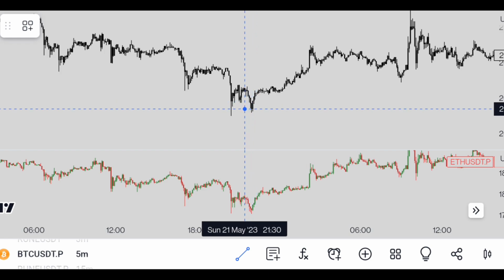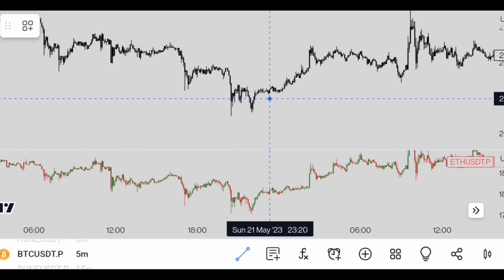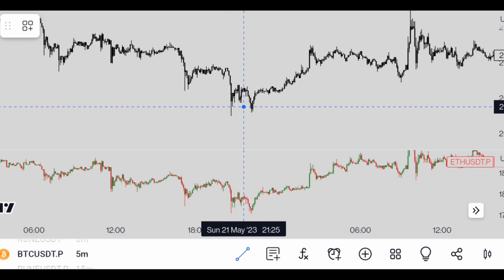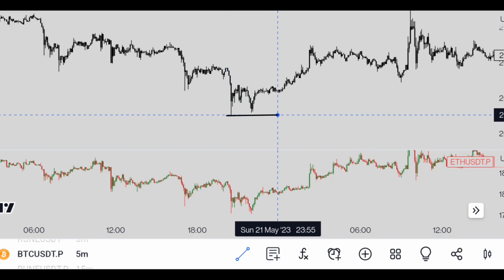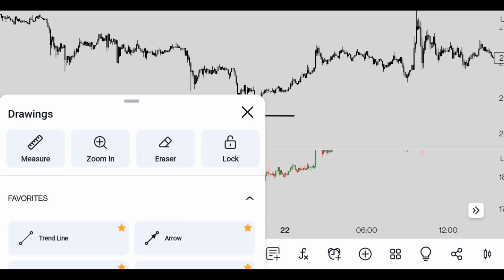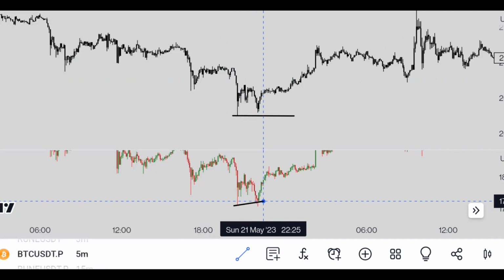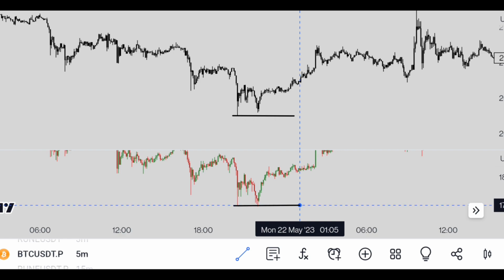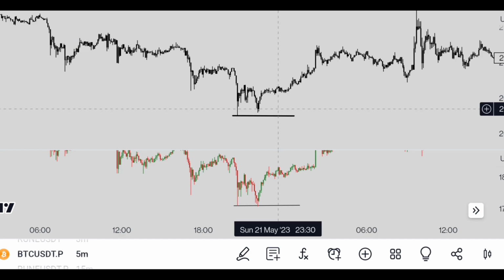Okay, so here you can see Bitcoin made a low, and then it pumped. So we will discuss how it pumped from here. You can see this was the low made by Bitcoin, and here you can see Ethereum also made a low and then it pumped. So we draw a line here. Let me go 1x. Here you can see Bitcoin made this low, but it didn't sweep this previous low and pumped.